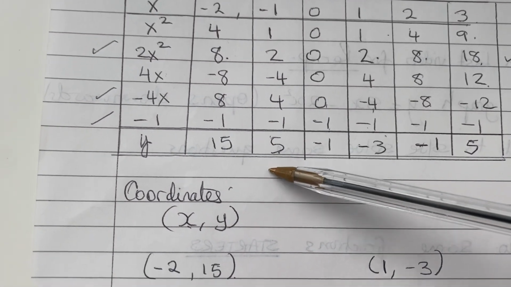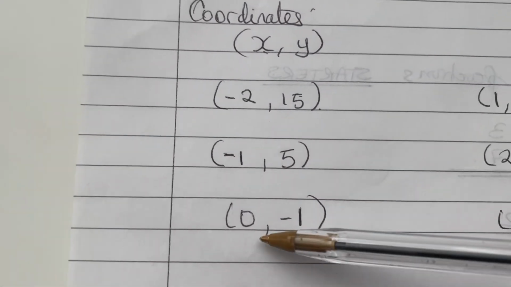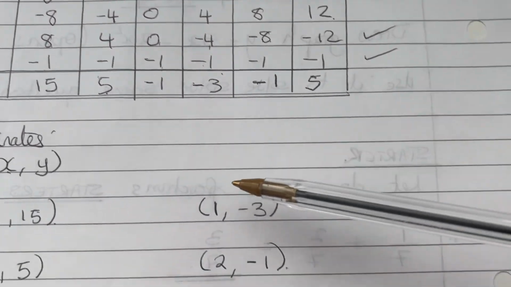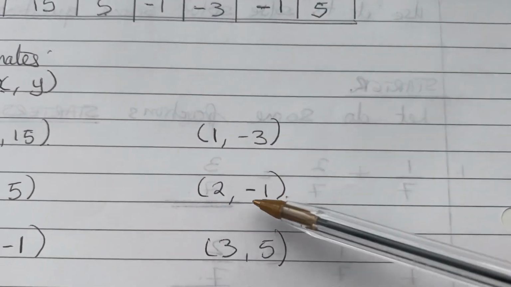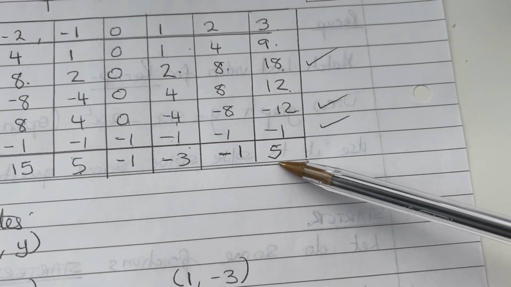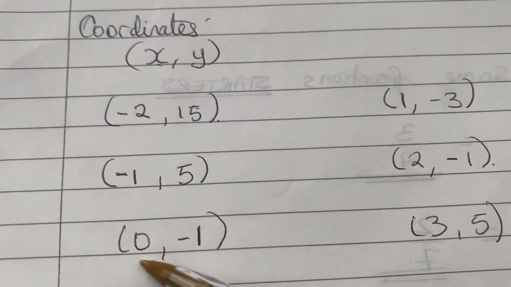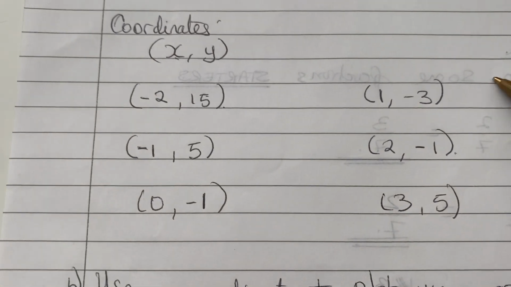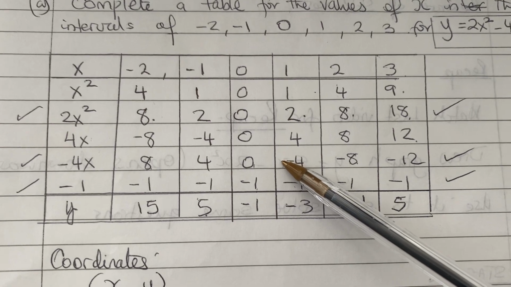Minus 1, 5, you write it down. 0, minus 1, you've written it down. 1, minus 3 there. 2, minus 1 here. And then 3 and 5, and then you write it down. So now these are the coordinates you have to plot. It is easier to say this way than to have all these numbers in your face.